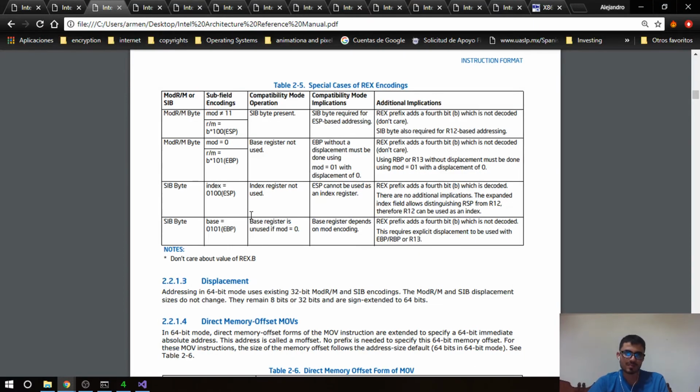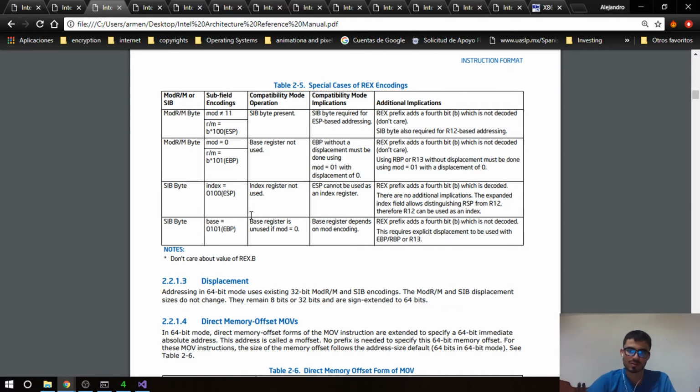And what else? Let's see. So when we are looking at the index, ESP, index register not used. ESP cannot be used as an index register. REX prefix has a 4-bit B, which is decoded. There are no additional implications.